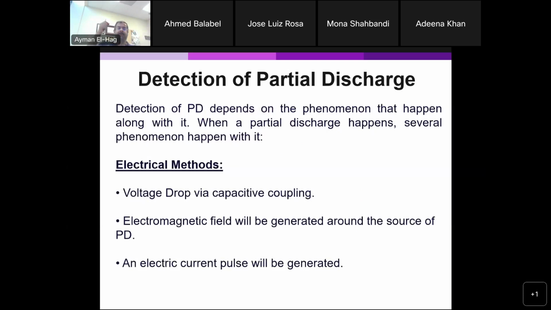Also, because we understand the partial discharge as a pulse current, we can use a current transformer, something called a Rogowski coil, which can measure currents with very high frequency. So these are three methods, we call them electrical methods.